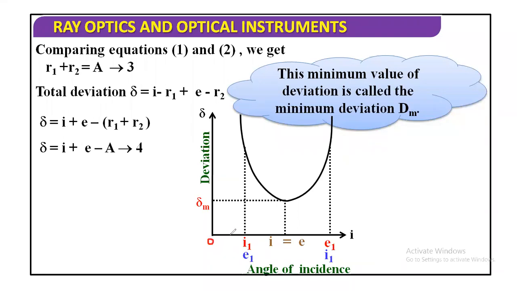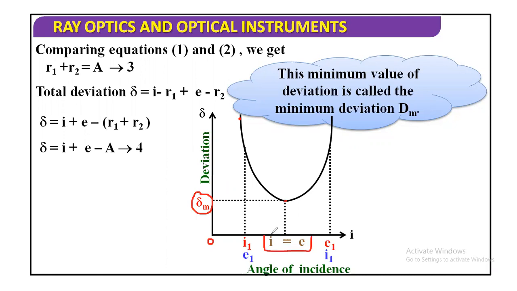As we increase the angle of incidence, you see that initially the deviation is maximum when the angle of incidence is I1, but as we keep on increasing the angle of incidence, the angle of deviation decreases, and finally it becomes delta M, the minimum deviation. This is called minimum deviation, when the angle of incidence becomes equal to the angle of emergence.